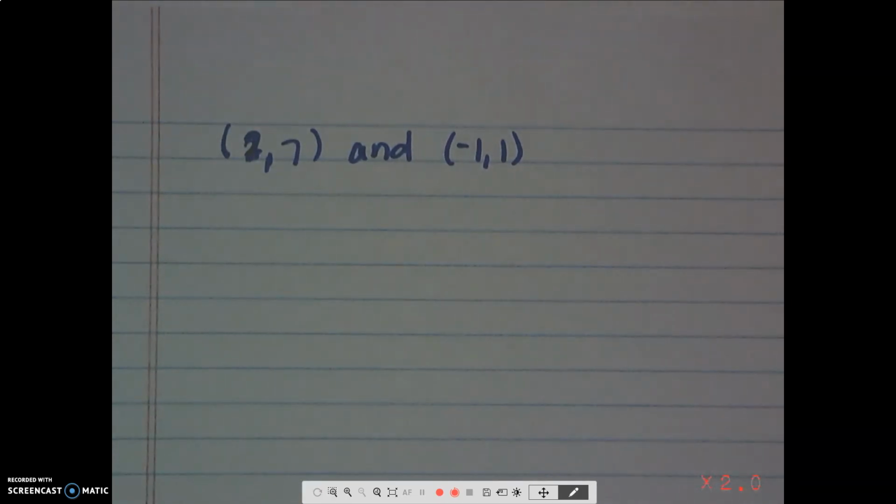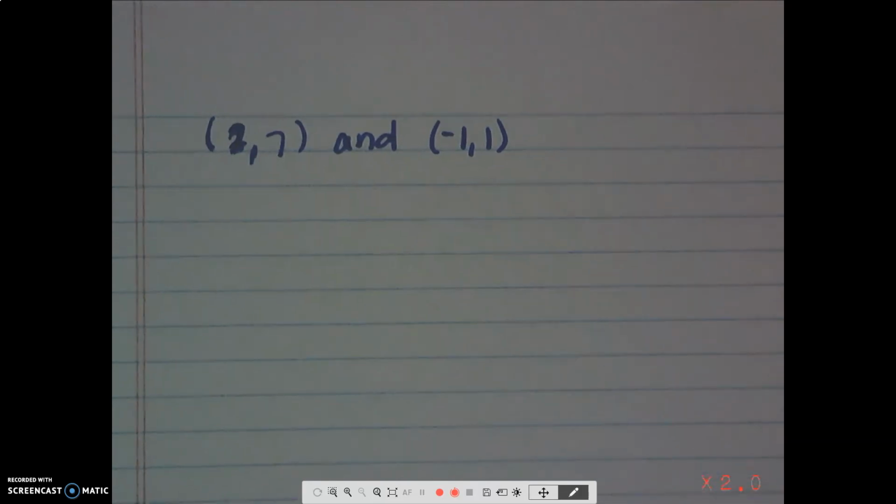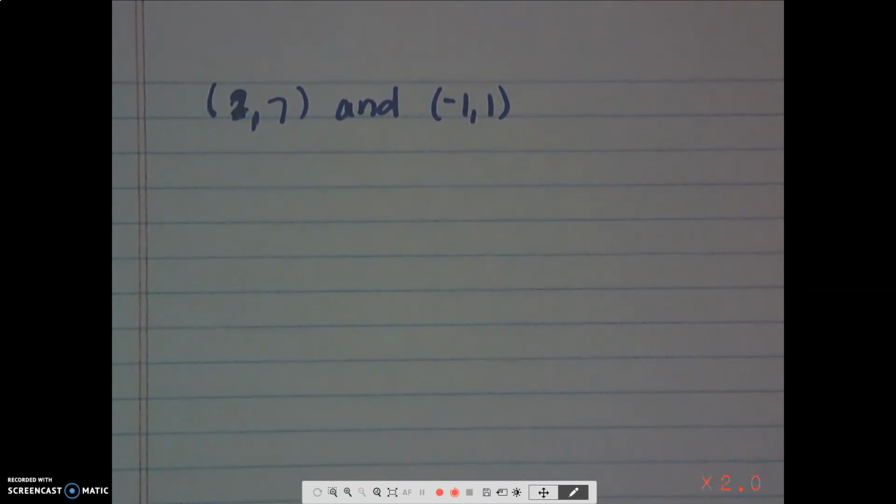Okay, we want to find the slope between those 2 points. Now, one way that you can go about this is you can actually graph those if you wanted. But if the numbers are kind of big or things like that, we may not want to do that.